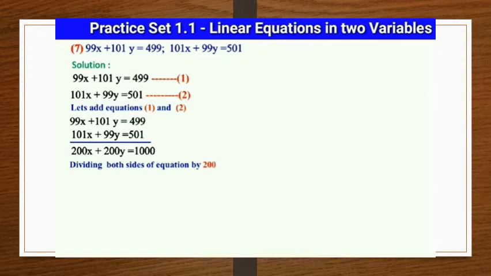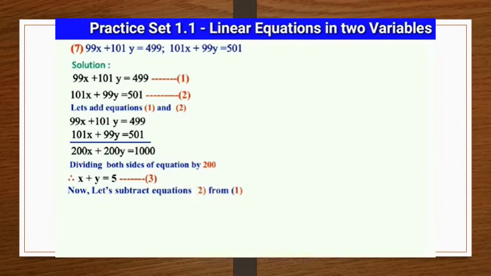Now because all three terms have 200 in common, let's divide both sides of the above equation by 200. We will get x plus y is equal to 5. Let's number this as equation number 3.